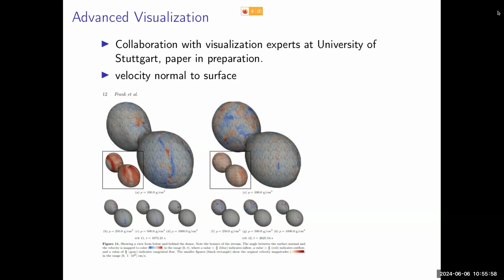The surface is an iso density surface, and then it's colored by the velocity normal to the surface. So the blue areas we have matter going into the surface. The red areas you have matter coming out.